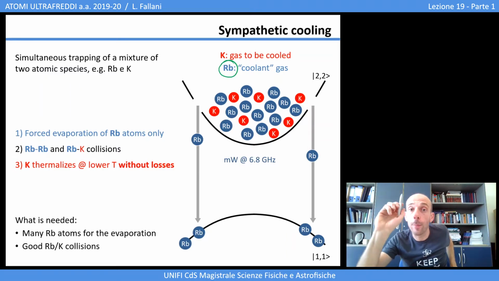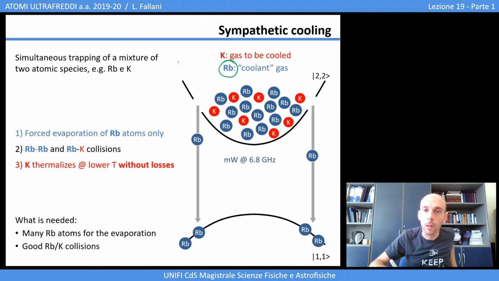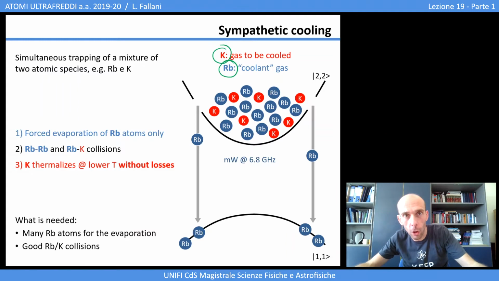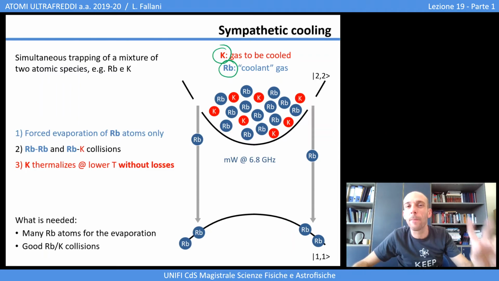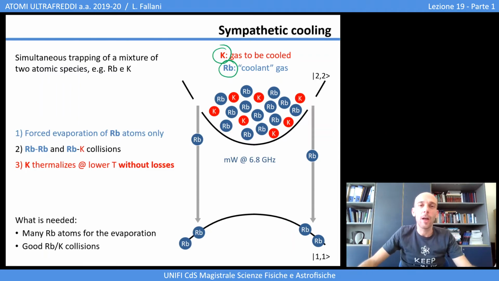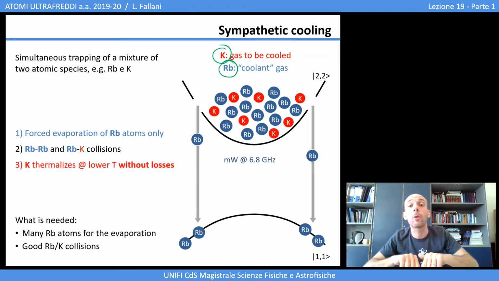And now, because of interactions between rubidium and potassium, we can have a thermalization of potassium atoms that is mediated by the presence of rubidium atoms. In some sense, this is called sympathetic cooling because you have a sympathy between the two gases, and so potassium cools thanks to interactions with rubidium. In other words, rubidium mediates the collisions that were absent in the case of potassium only.